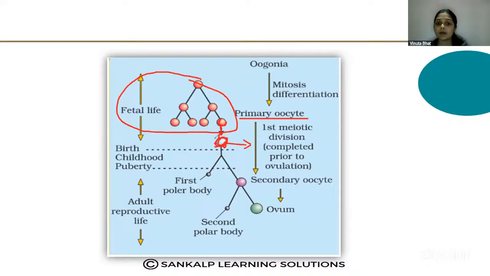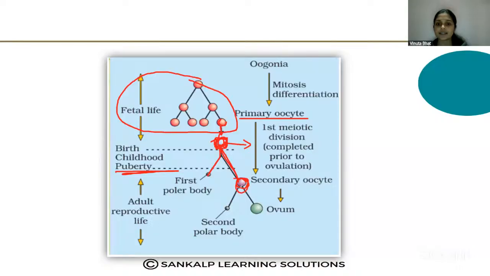Till puberty it remains in this stage, then it becomes the secondary follicle and the tertiary follicle, completes the cell division and forms the secondary oocyte, and the secondary oocyte is released from the mature Graafian follicle.